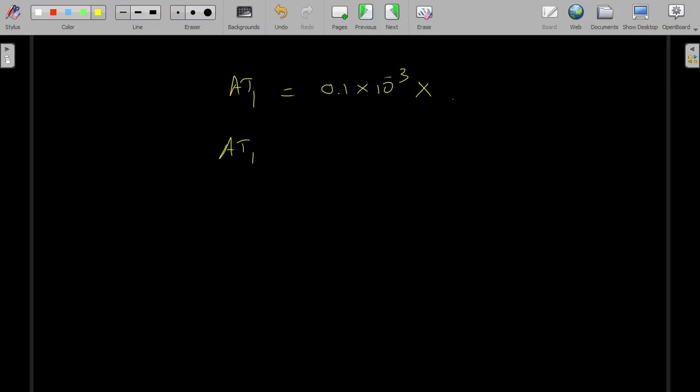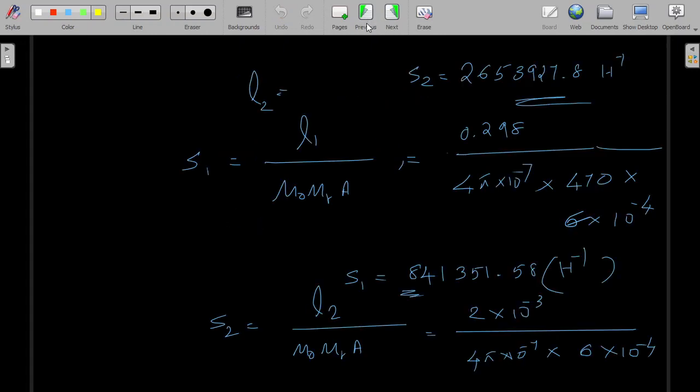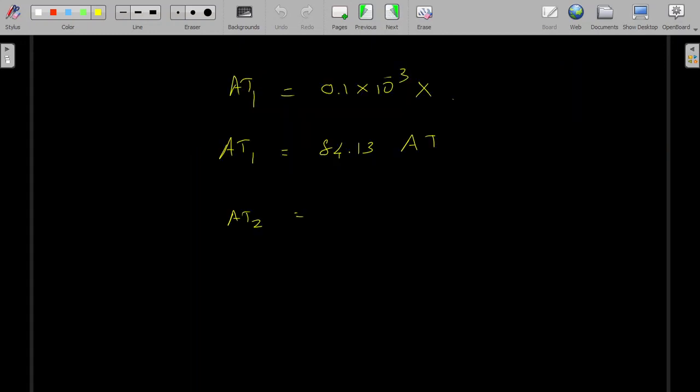So AT1 will be 84.13 ampere turns, or ampere simply, and AT2 will be 10 power minus 4 into this, that means 265.4 ampere turns.